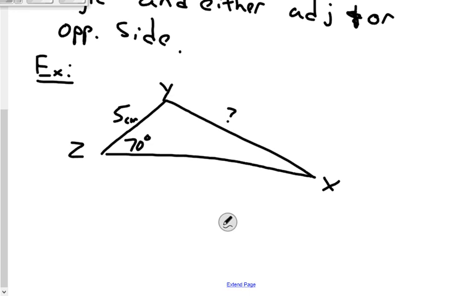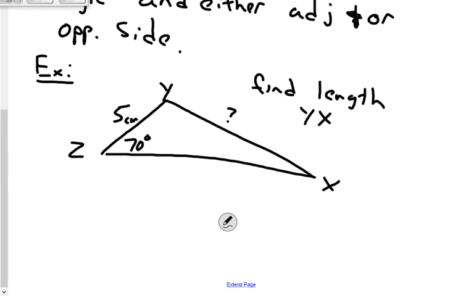We would say find length YX, because it's the side between these two angles of X and Y. Do you have to find all the degrees? Nope.